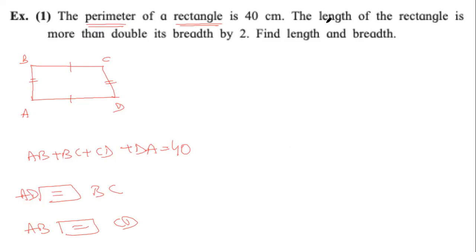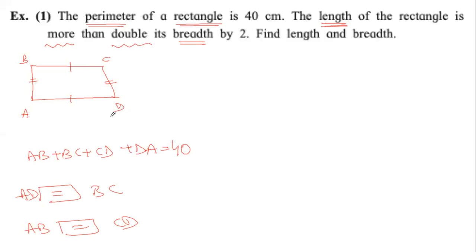Now it says length of the rectangle is more than double its breadth. Now see what words are there. Length is one quantity, breadth is another quantity. There is a word more, there is another word double. These are the words that will help us form the equation.